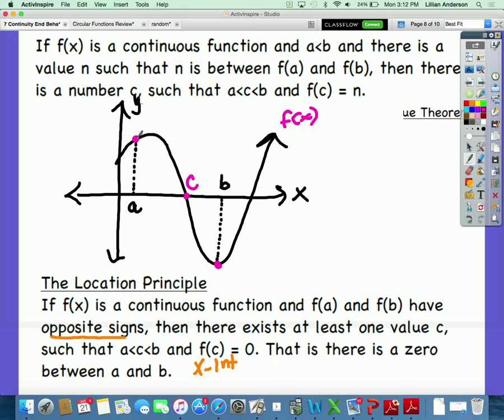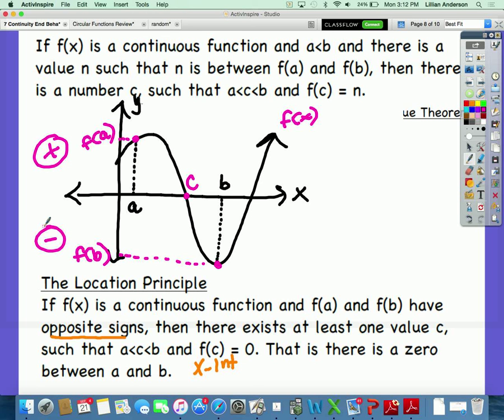Now look at f of A. Look at f of B. This might be easier for you guys to see. In this particular example, f of A is a positive number, yes? f of B is a negative number, yes?